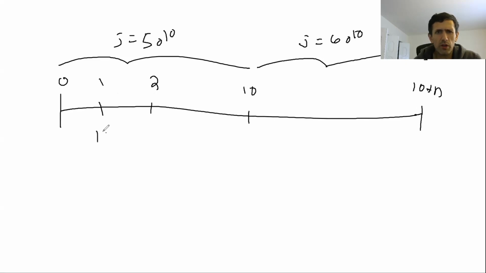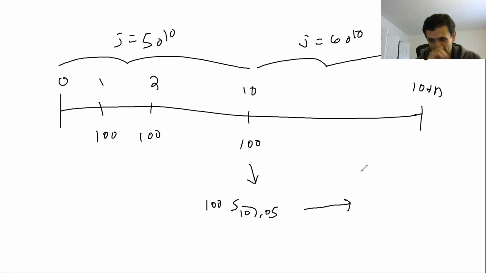So 100, 100, 100. Nothing subtle here. This is an annuity immediate, 10 periods, $100 payments at 5%. You have to be a little careful.